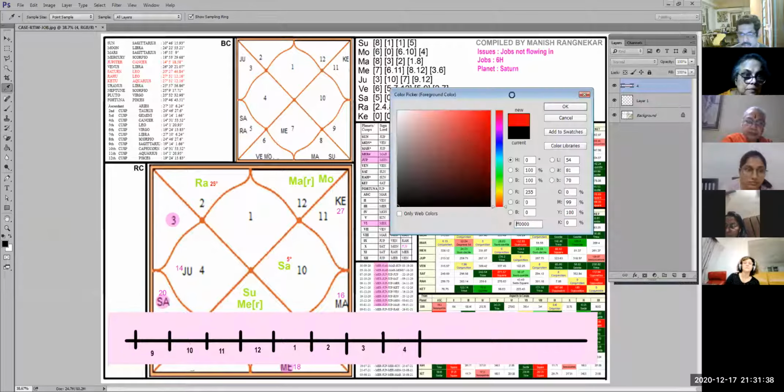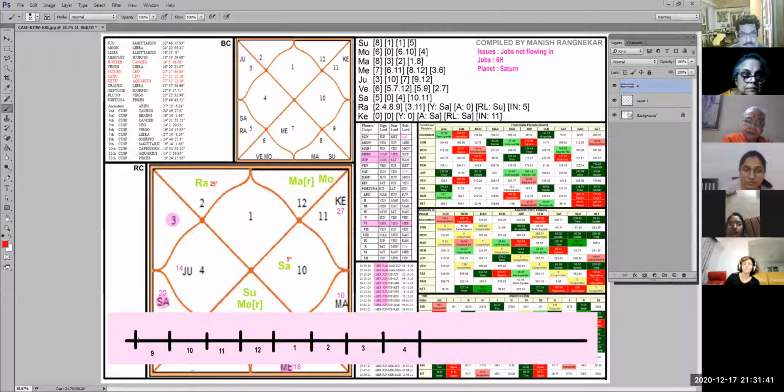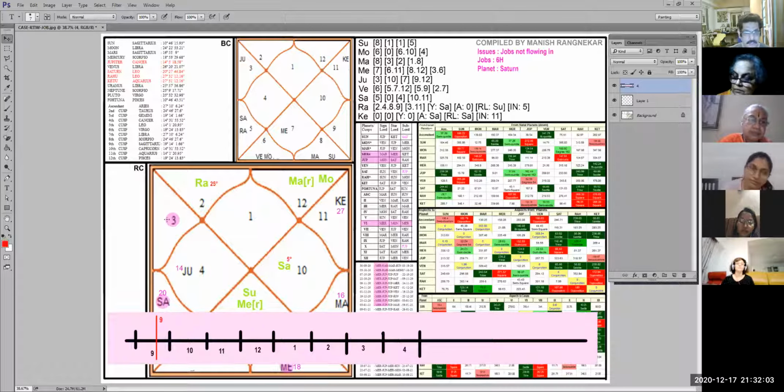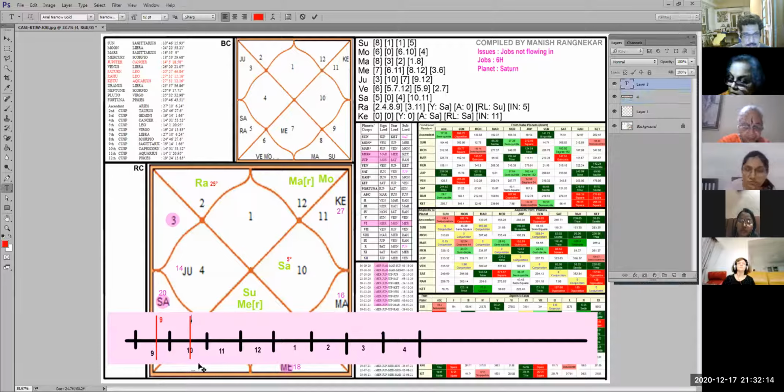So if I try it, your 9th house starts at Sagittarius 19 degrees. Sagittarius, 19 degrees will be somewhere here. This will be the start of your 9th house. Am I correct? Okay. Then 10th house, Capricorn, 14 degrees. Capricorn is this. 14 degrees will be somewhere here in the middle. This is the start of the 10th house.